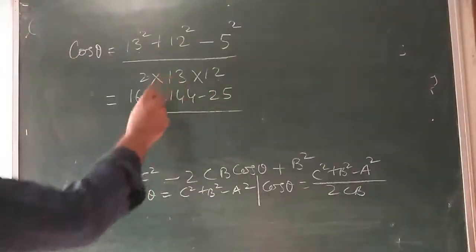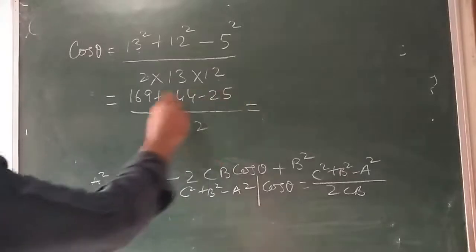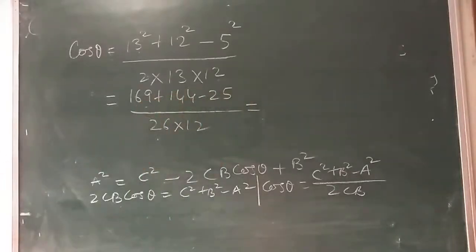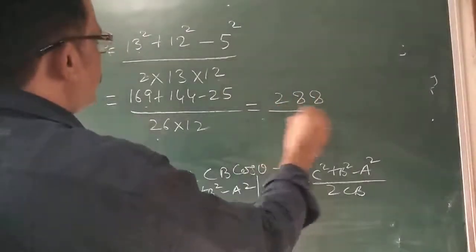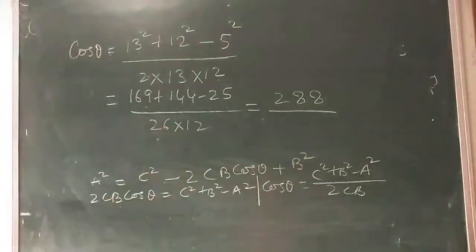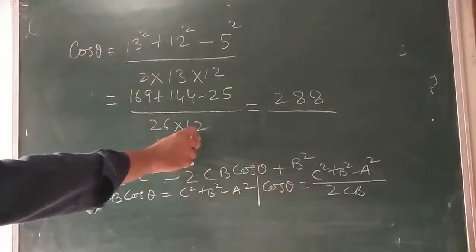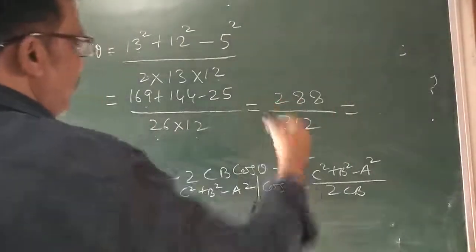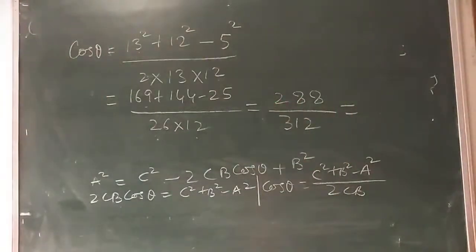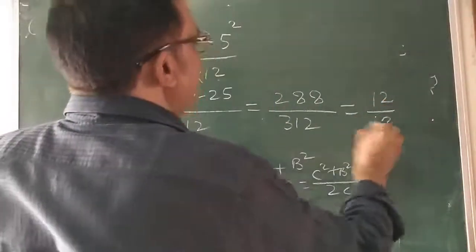You multiply it, it is 26 into 12. Solve it, you are getting here 288, and multiply it, 26 into 12, that will be around 312. Then cut it, that comes out to be 12 by 13 here.